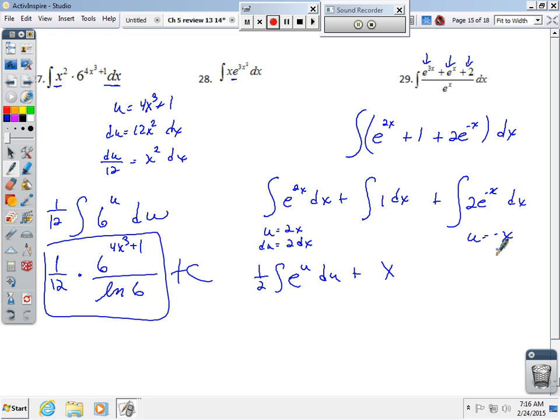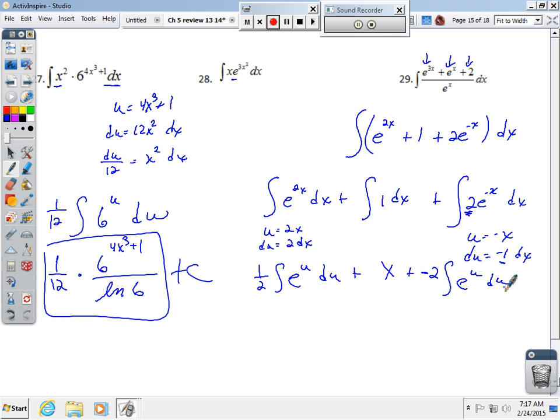U is going to be equal to negative x, therefore du is negative 1 dx. So I can take out the 2 out in front, and now this new integral is going to be a negative 2, because I'll bring out the 2 and the negative, integrate e to the u du.